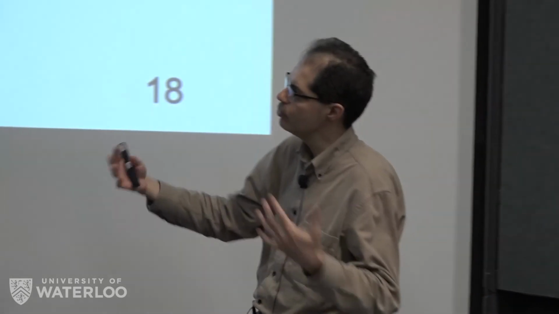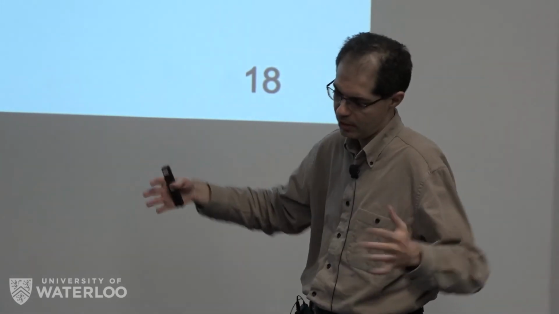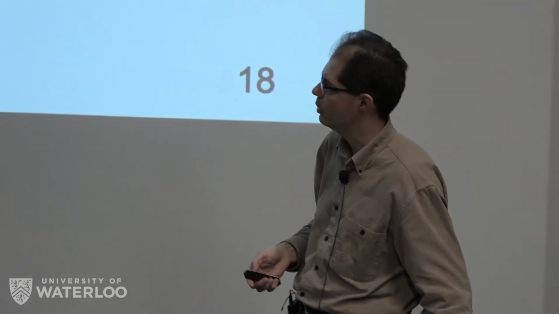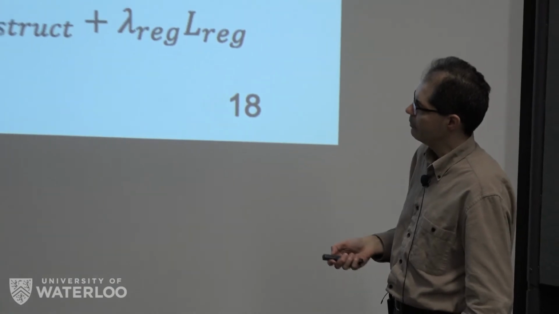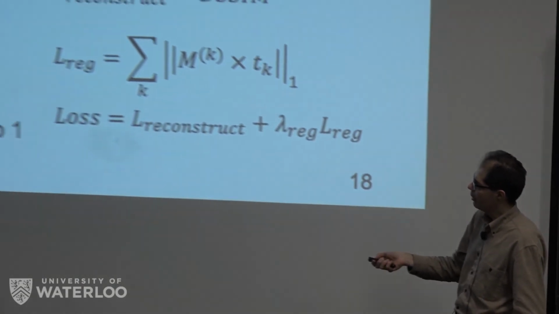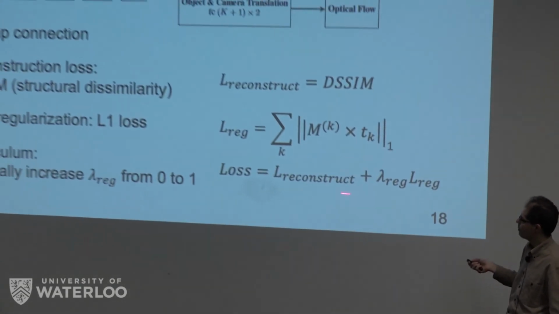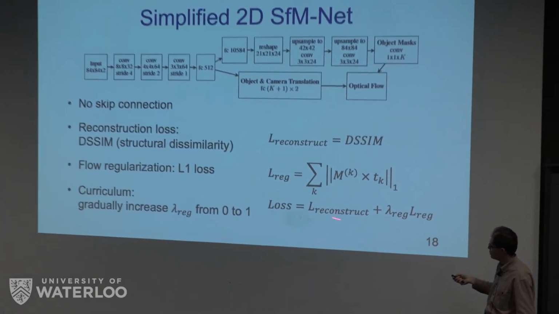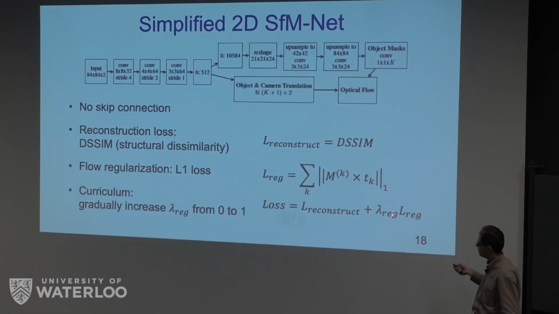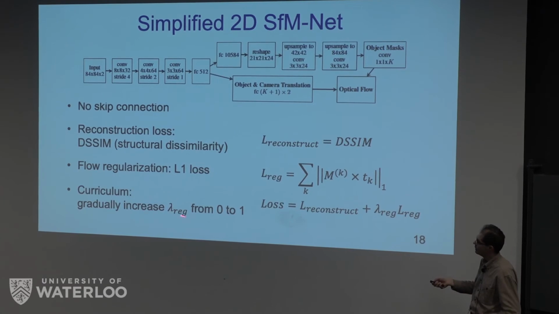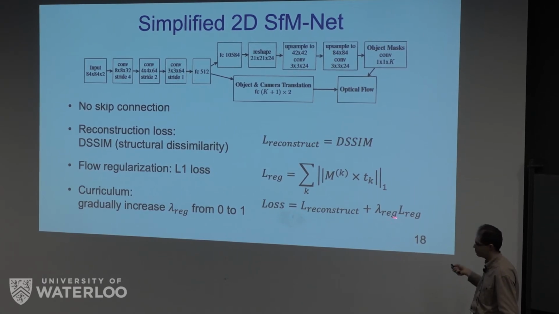Without this, it would tend to come up with objects that are bigger, and the boundaries would not be as good. Finally, we did the training by curriculum learning. We combined the two losses, the reconstruction loss plus the regularization, and then we simply increased the regularization from 0 to 1.